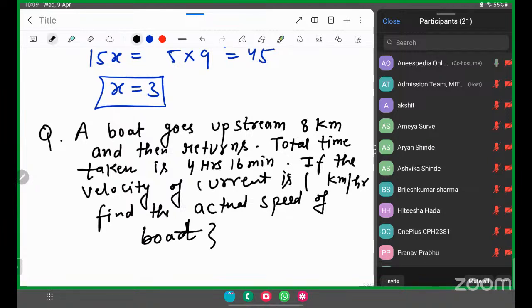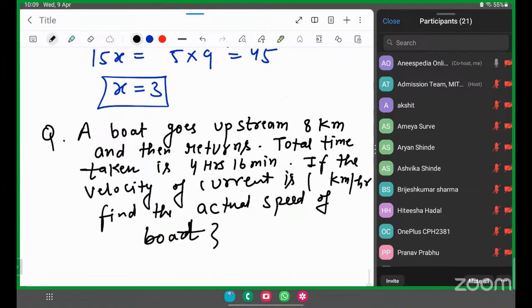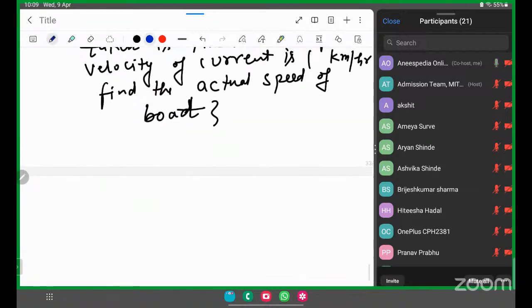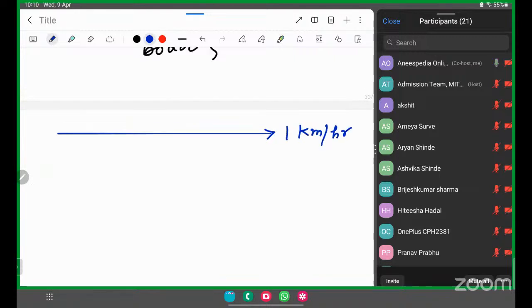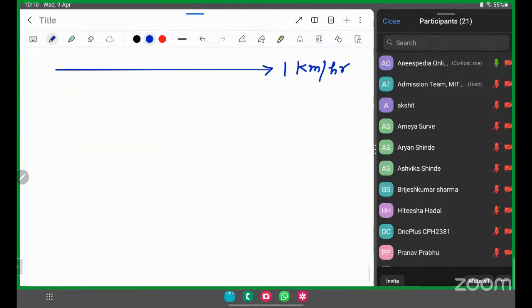So how will we solve it? Question is like this. This is a river flowing at 1 kilometer per hour. And there is a boat which has certain speed. What is its speed? We do not know.